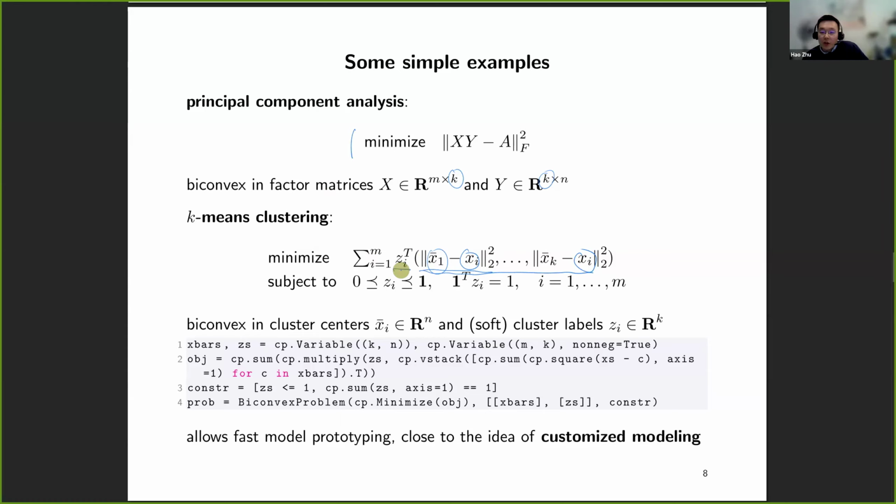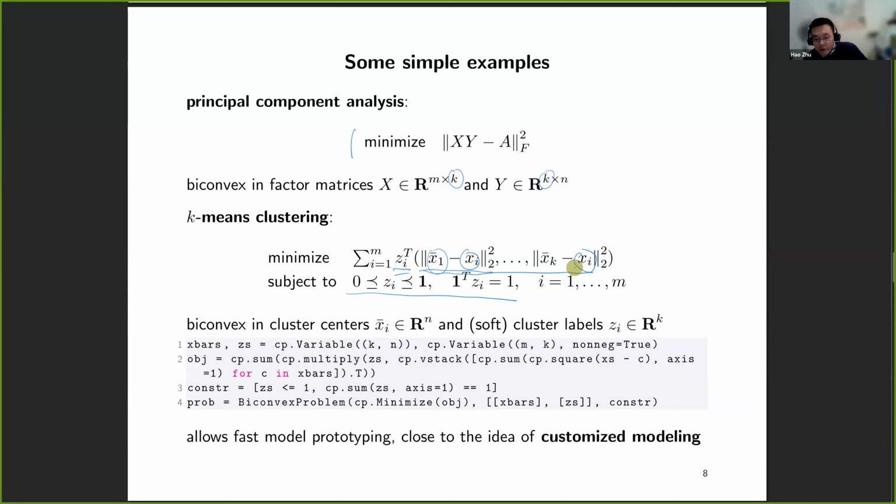And this z is a probability distribution in a simplex, so it can be considered a soft cluster label. Then we have this inner product, which gives us the expected distance, sort of mimicking the distance within clusters. And we minimize that, trying to find both z and x bar.